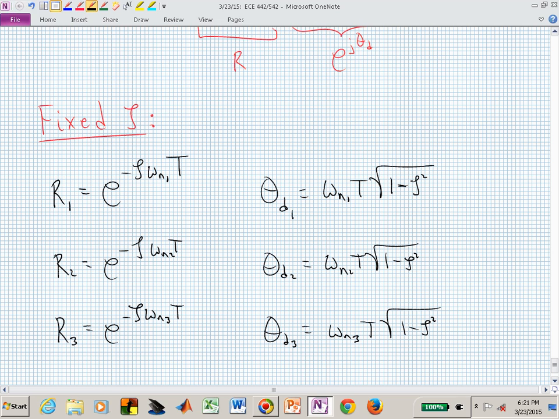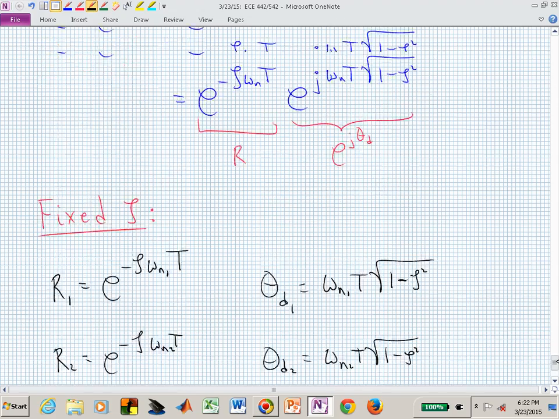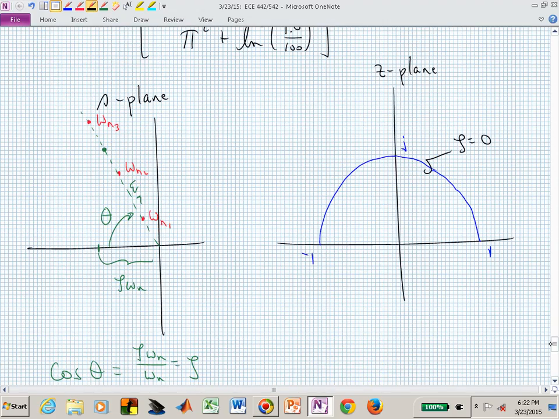and what do we know about the relationship for R1, R2, and R3? Which one is bigger, R1, R2, or R3? And these omegas I've indicated here. So omega sub n1 is closer to the origin in the S-plane. Omega sub n2 is further away, and omega sub n3 is the furthest away.